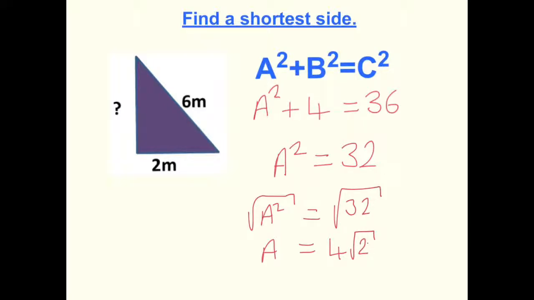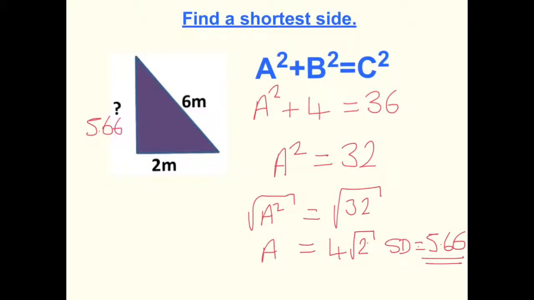Okay, that's just it in surd form. So if you press your SD button, you should then get an answer of 5.66, rounding this to 2 decimal places. So that's going to be my missing side length, 5.66.